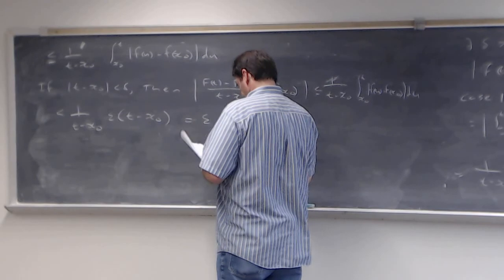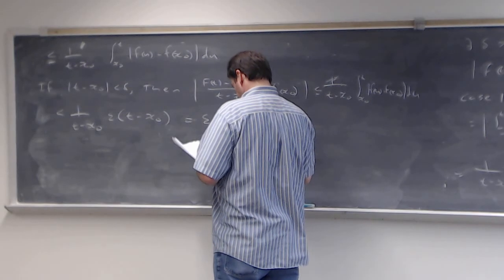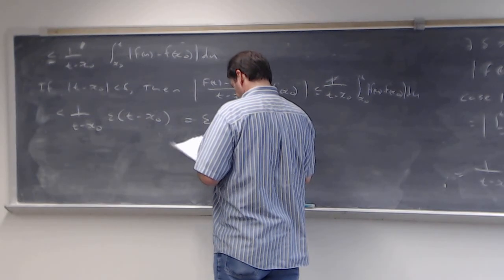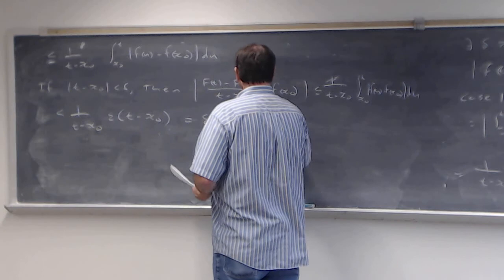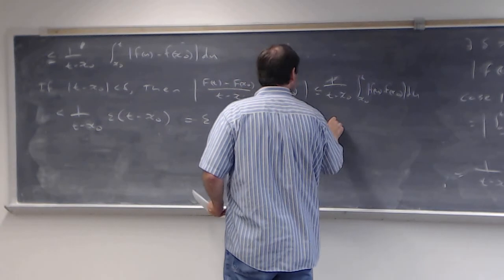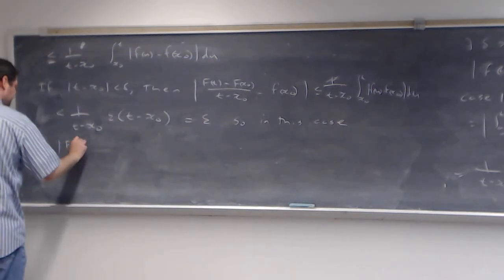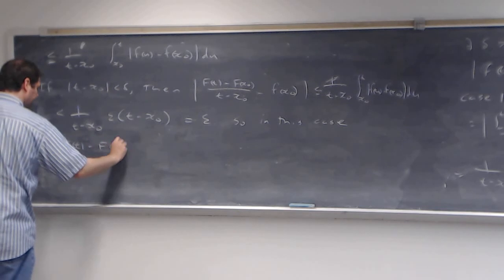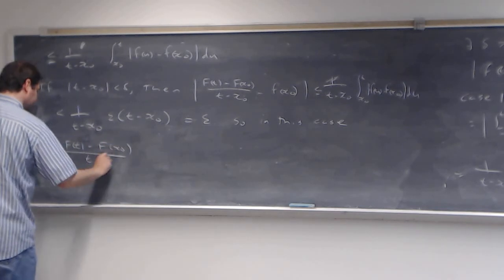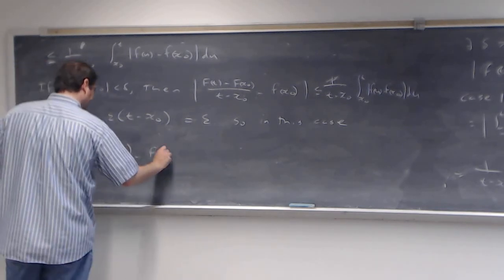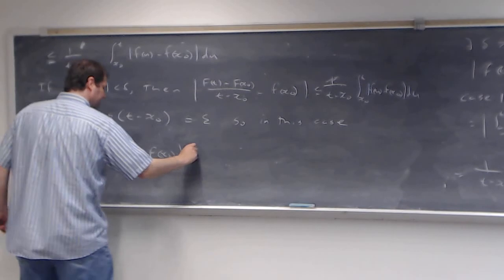So in this case, we have that the absolute value of F of t minus F of x naught all over t minus x naught, minus f of x naught, is less than epsilon.